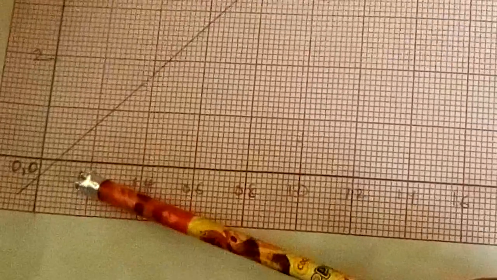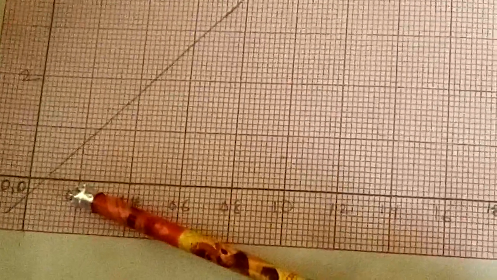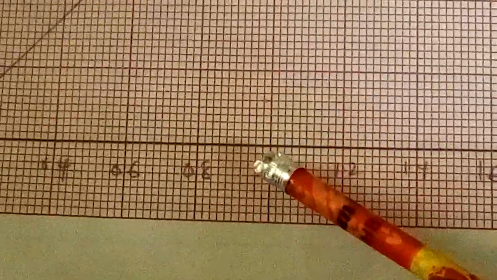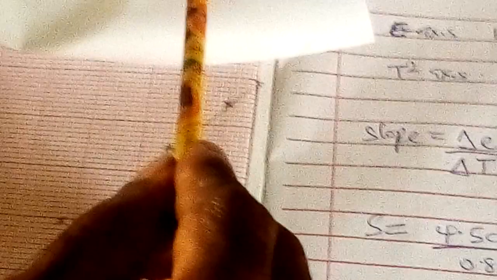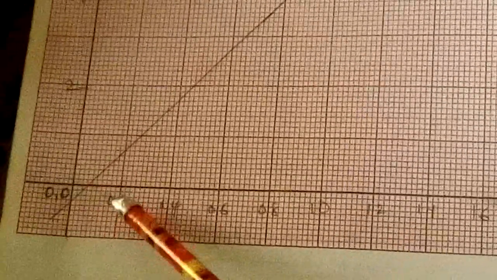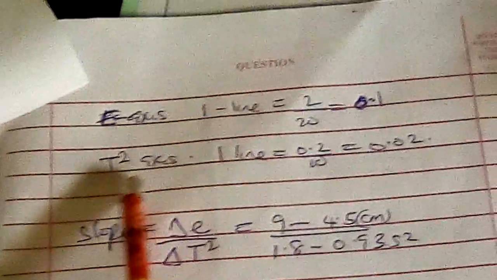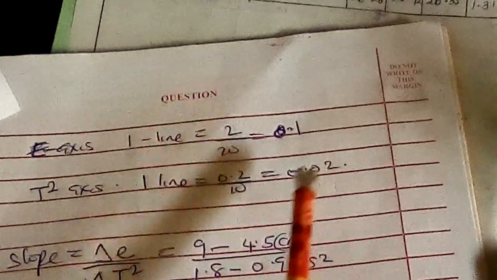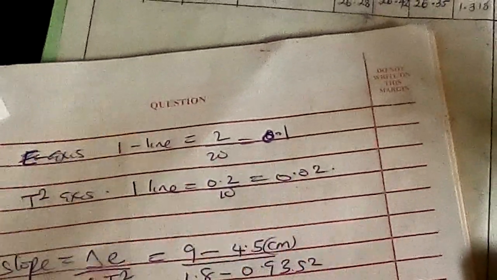So 0.2, 0.4, 0.6, 0.8, 1.0 up to 1.8, which is the last value we have. To know what one line stands for, we divide 0.2 by 10 lines. For the t squared axis, one line is 0.2 divided by 10, which is 0.02. From there, you can read your values, and then we plotted.